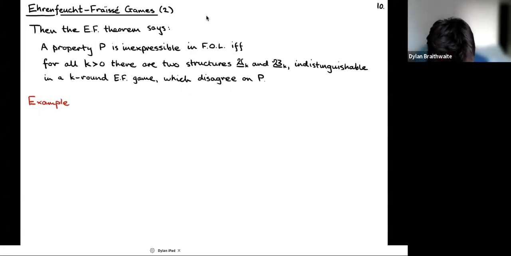I realize I've left out a crucial word here, but this should say over finite structures. The difference here is that EF games do give us the power to talk specifically about finite things.